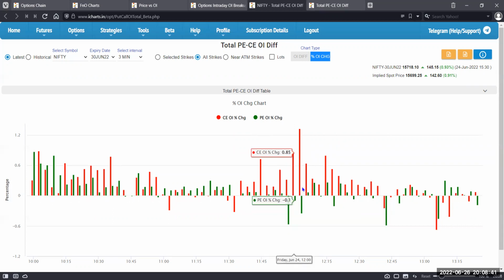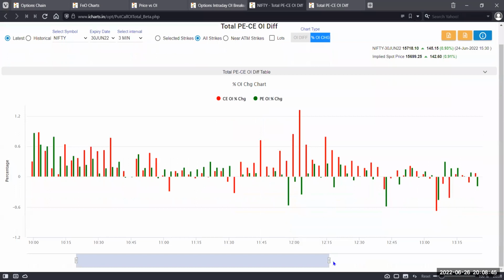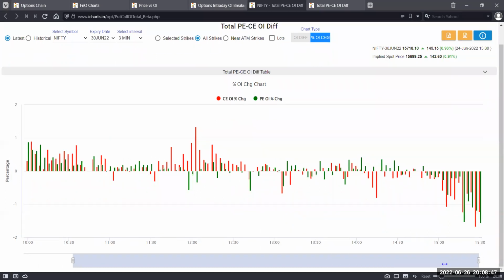It may not happen every day, because if you see, this is Friday. On Friday, the market was mostly sideways, and another important thing here is after 3 o'clock, just don't do any kind of analysis for these moves. All this is just intraday positions closing. So don't analyze this too much. Until 3 o'clock, there's some validity to whatever is happening, but after that, nothing.